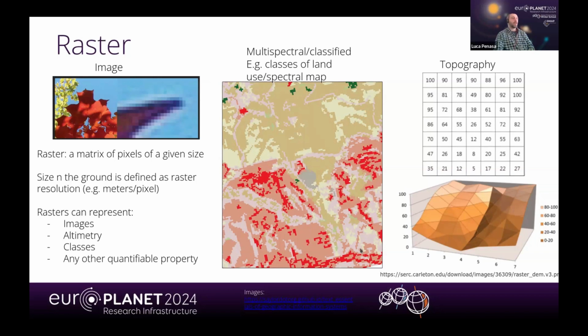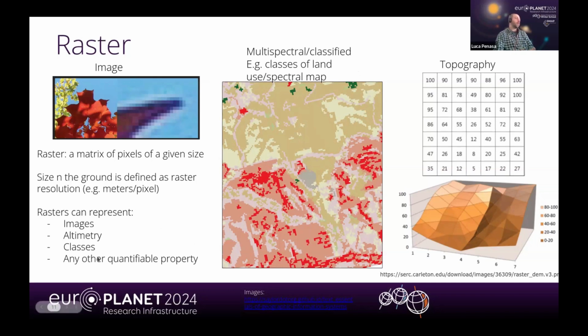This was an example in which they did a classification starting from multispectral information, and they classified the different land use. That's not a planetary case, of course, it's an Earth-based one, but you can store, using different integers, the information about different classes.